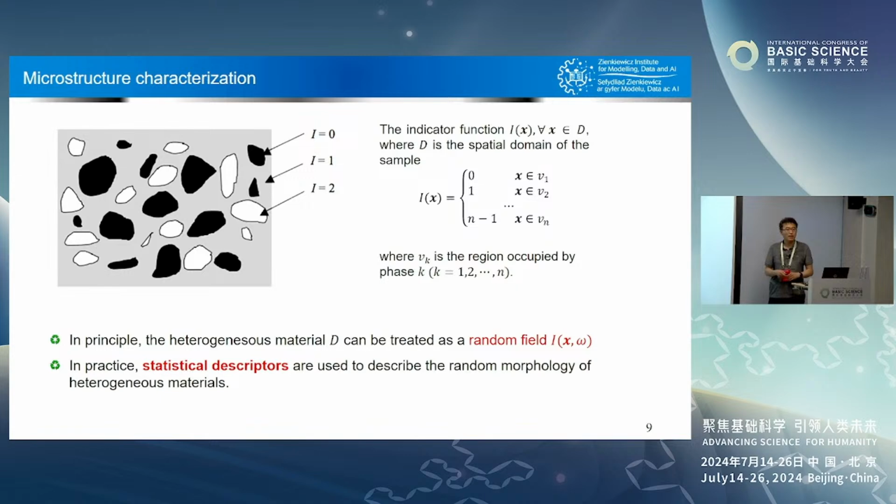To capture this, there would be a finite number of phases, so you could use an integer to label each phase. It is a function of space, and because the location is random, this is of course random as well. So then it's a random field. That's 2D; if you're talking about 3D material, it's a 3D field.